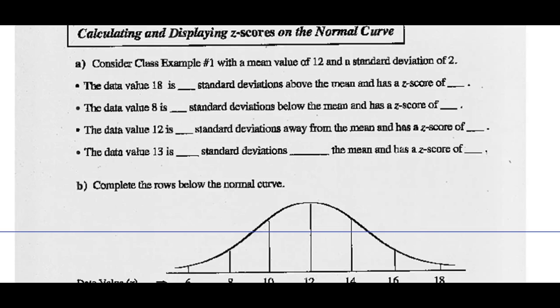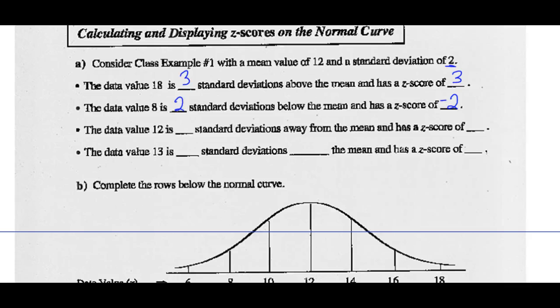So if we look at the last example that has a mean value of 12 and a standard deviation of 2, the value of 18 is 6 hours above 12, but that's 3 sets of 2, or 3 standard deviations above the mean, so it would have a z-score of 3. A value of 8 is 4 hours below 12, or 2 standard deviations below the mean. That'd have a z-score of -2.